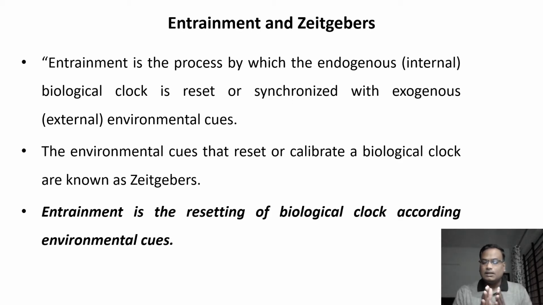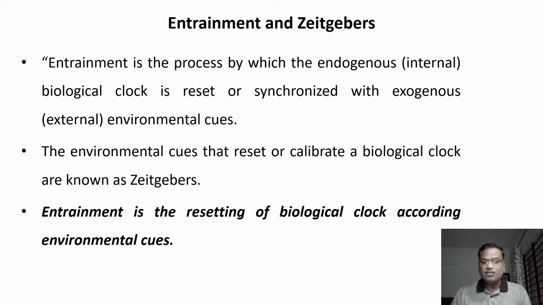If the internal clock goes out of sync, then environmental cues like sunlight, day length, etc., help the body to reset it. Your body will reset itself by taking the reference of external environmental changes. So this is the concept of entrainment and Zeitgebers.